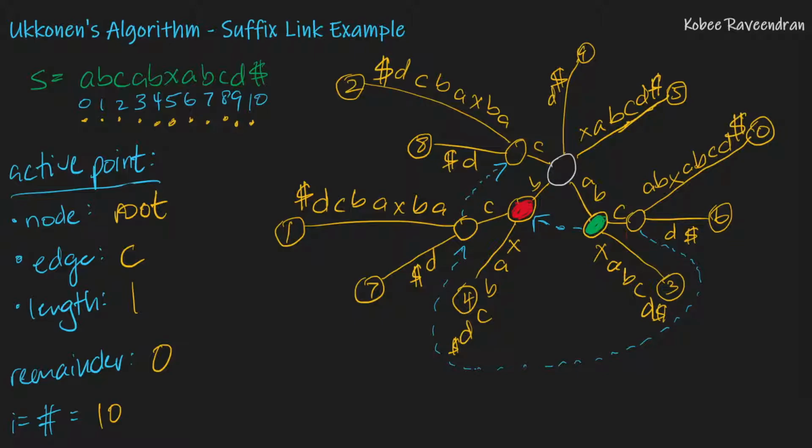Hopefully I didn't miss any, but we implicitly added that to all the leaf edges. And now we note there's not really much to do here. We just see that there is no edge coming from the current active node, which is the root, that starts with a $ sign. So we make one. And of course, this is the suffix starting at index 10.